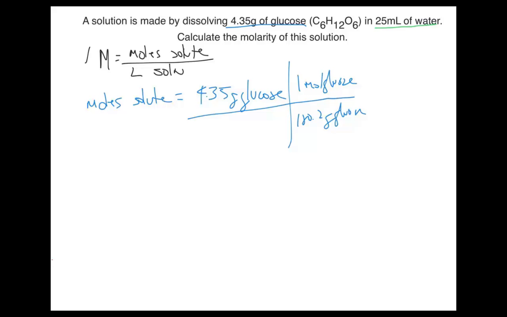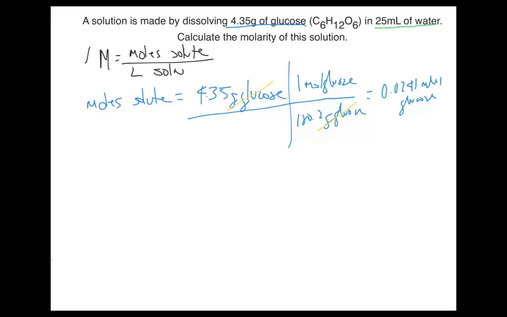So now here we can cancel the grams of glucose, and this will be equal to 4.35 divided by 180.2, which is 0.0241 moles of glucose.